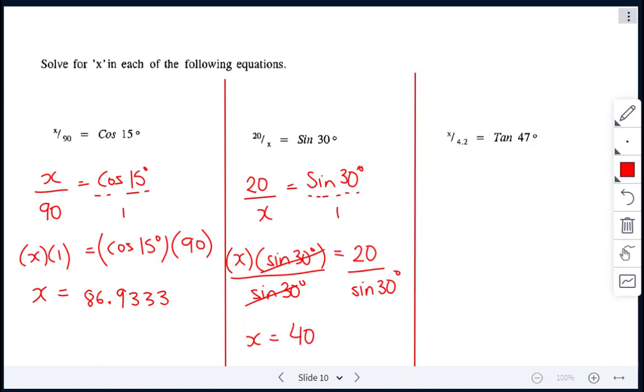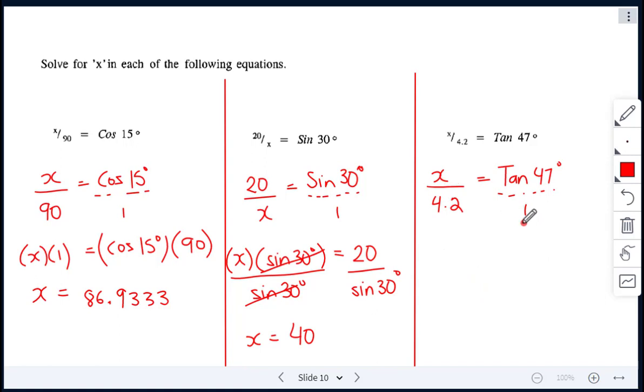Okay, so our last one here, we have x over 4.2 equals tan of 47 degrees. Again, we can assume this is over 1.